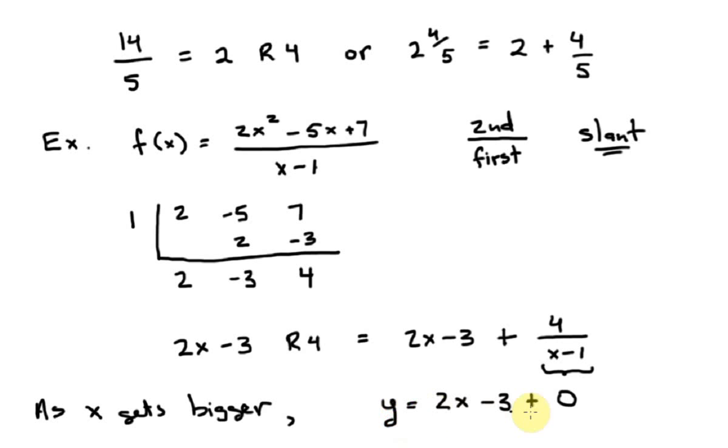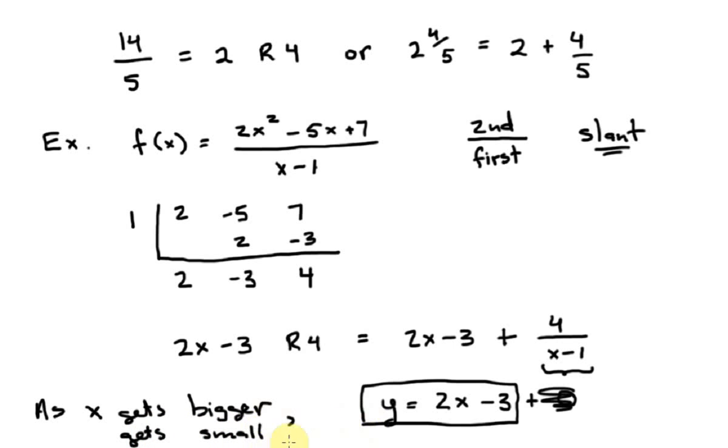This is our function. We can ignore this part and just say, aha, that's the function. As x gets big, or similarly, as x gets small if you're heading off in the negative direction, the function itself is really behaving just like this.